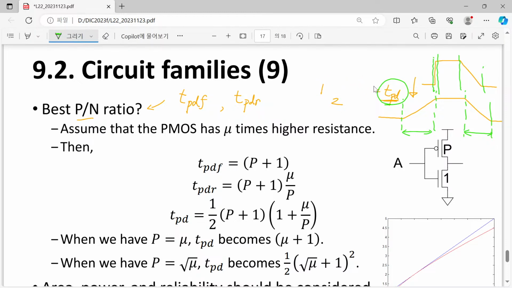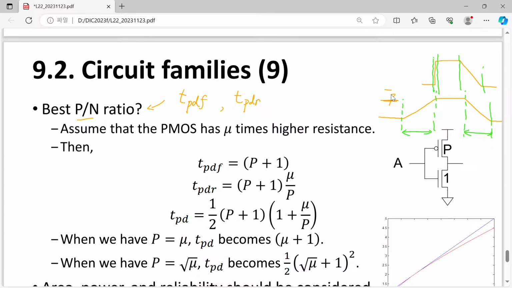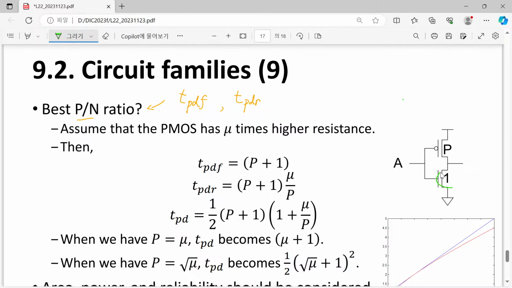Then here in this textbook we play a quite interesting manipulation. So now let's say that we have the given width 1 and we want to change this P value. The nominal value is 2, but how about, for example, 3?